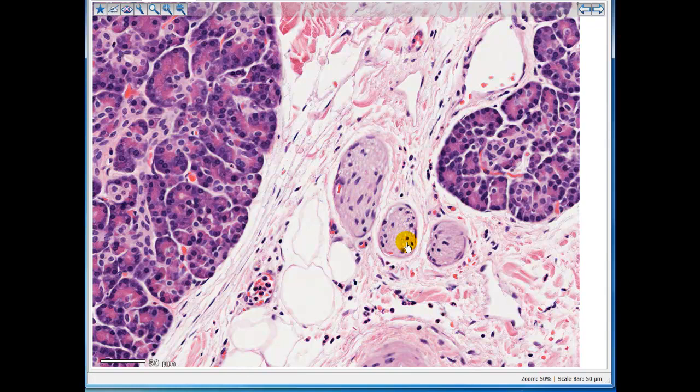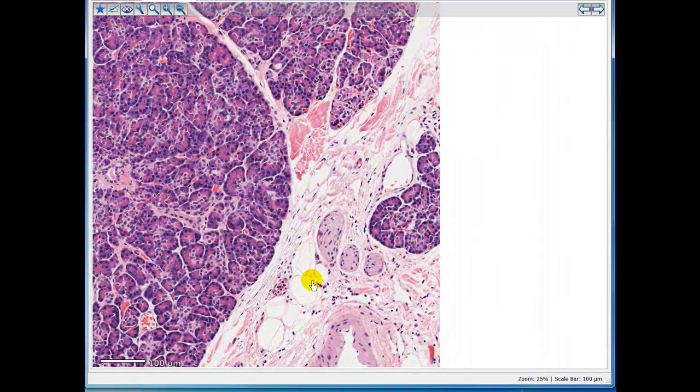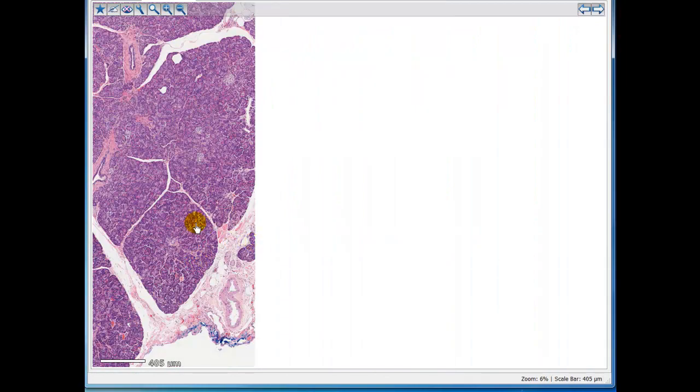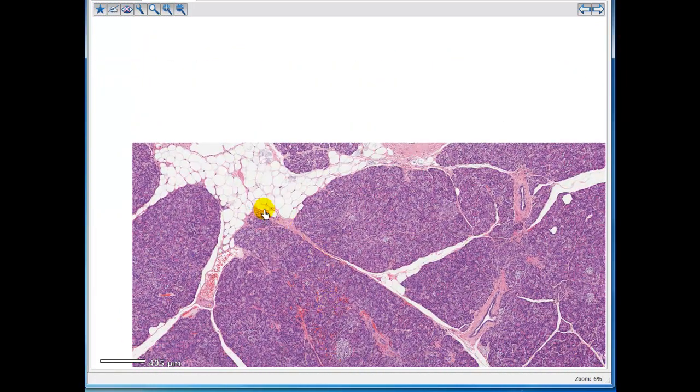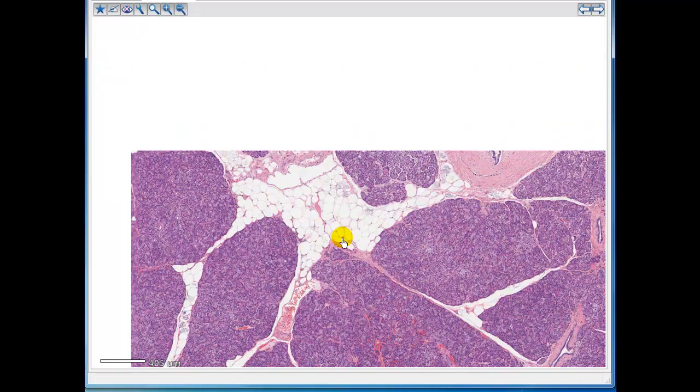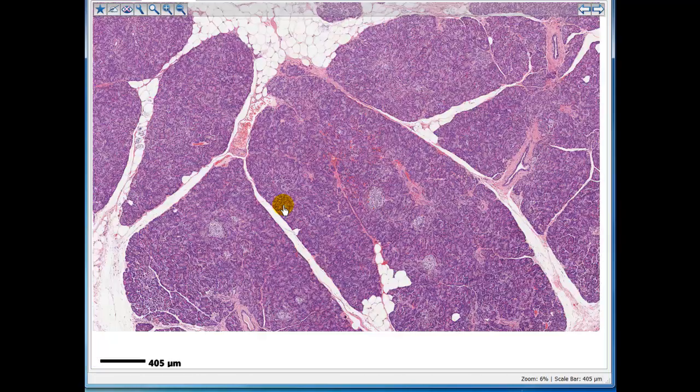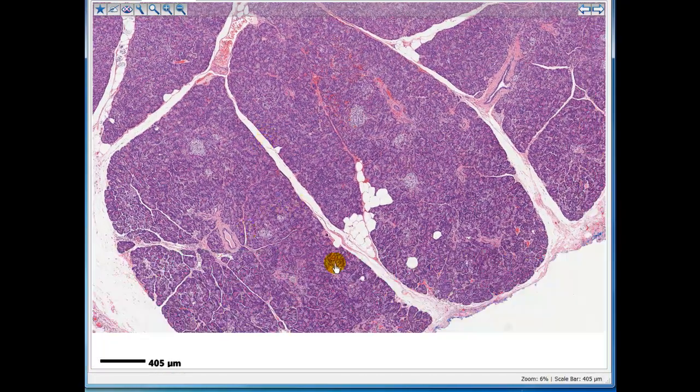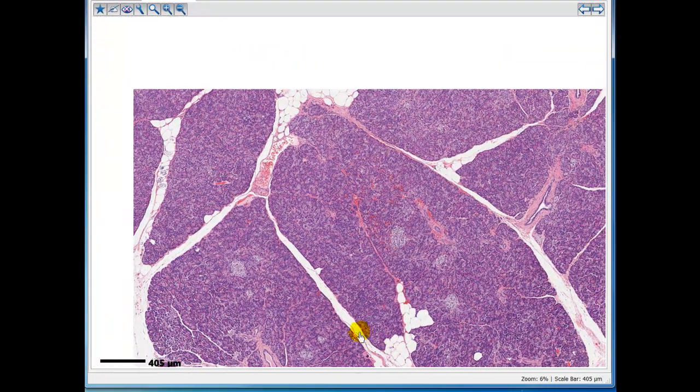These are nerve fibers, little bundles of nerve fibers, and right next to them are adipose cells. If we back up even more, we'll see many adipose cells over here. This is adipose tissue.